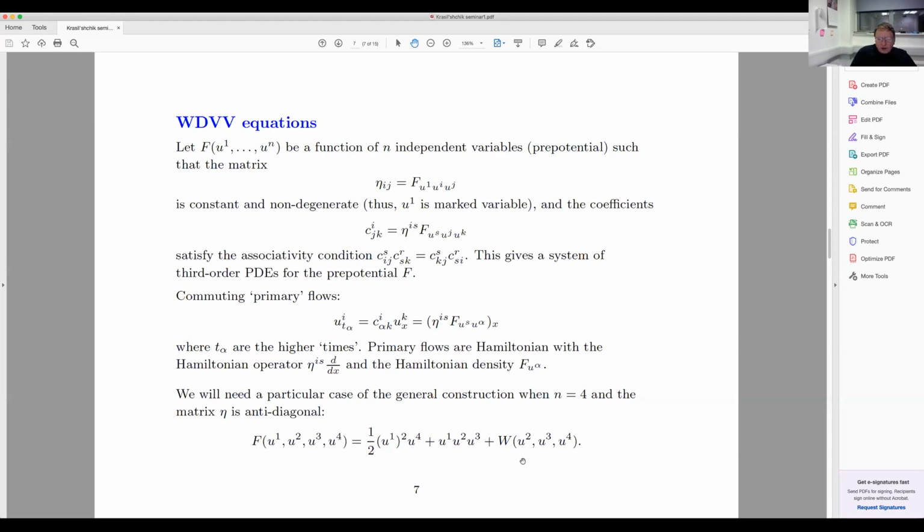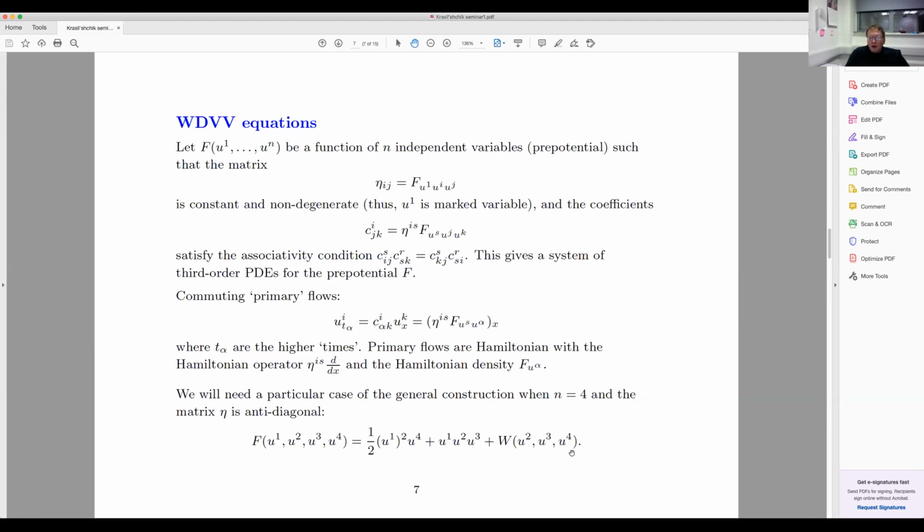I claim that associativity equations, these equations for W, will be equivalent to conditions on the Lagrangian density. And second, remember that I reduced the Euler-Lagrange equation for Lagrangian density to a four-component system.